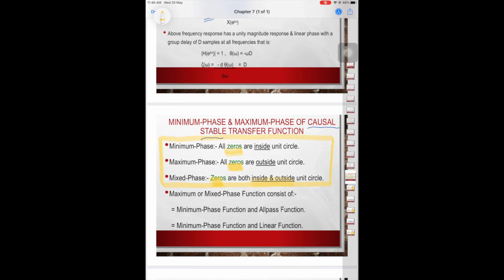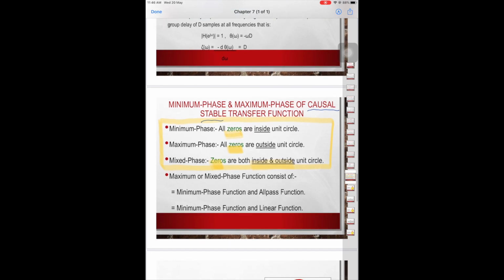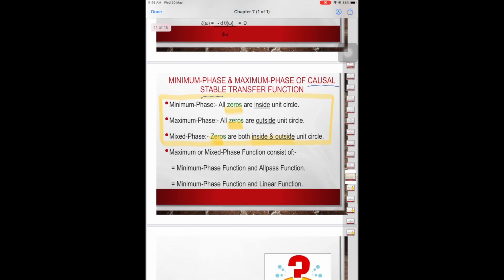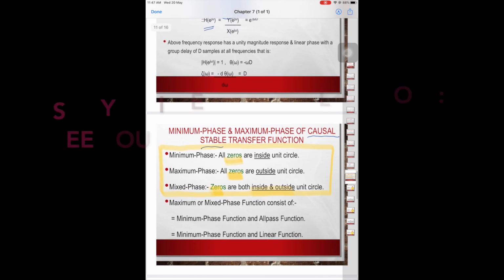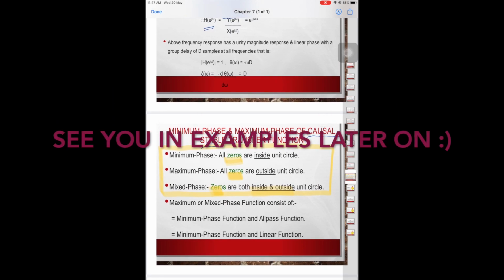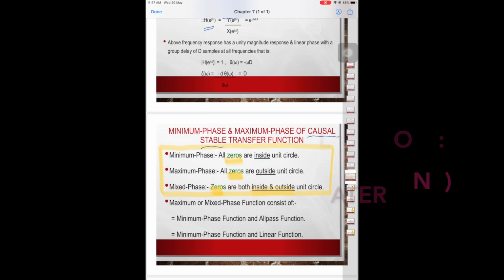So how do we create it? Based on a maximum or mid-phase function, you can determine a minimum phase function and an all-pass function, or a minimum phase function and a linear phase function. I'm going to show this in an example later on. That's all for chapter 7.